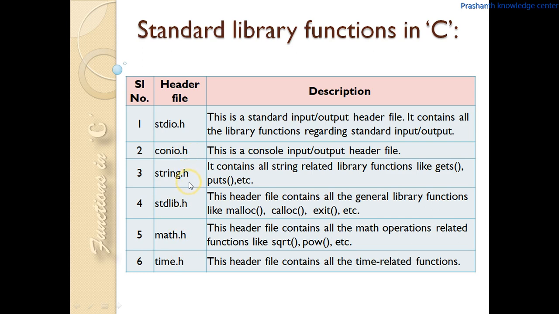String.h is used for all the string related library functions, and there is stdlib.h, the standard library. And math.h, as I said, is used for square root, power, and trigonometric functions like cosine and sine, all defined in math.h. And time.h contains all the time related functions. Like this there are some other functions defined in other header files also.